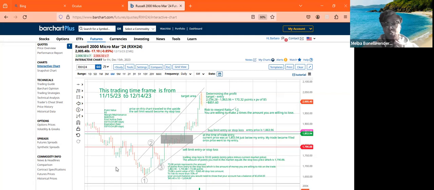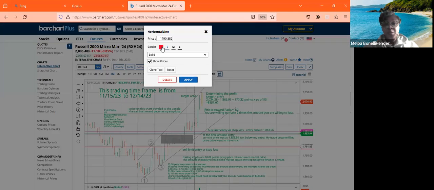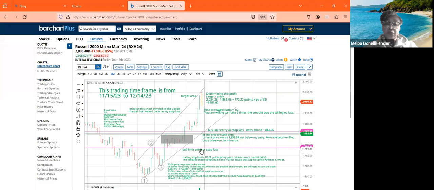So what we normally do is we set two limit orders. Both of the red is going to be pink. It's not a stop loss. We're going to set a buy limit order and a sell limit order, because we don't know whether the market is going to break out to the upside or the downside when you see a channel.